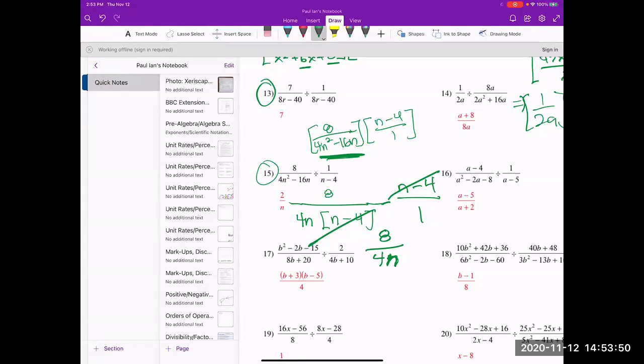Okay, by how? Divided by 4. So what happens at the top? It'd be 2, and then the bottom would be 1n. So it's that way, right? Okay, good. That's how you do that.